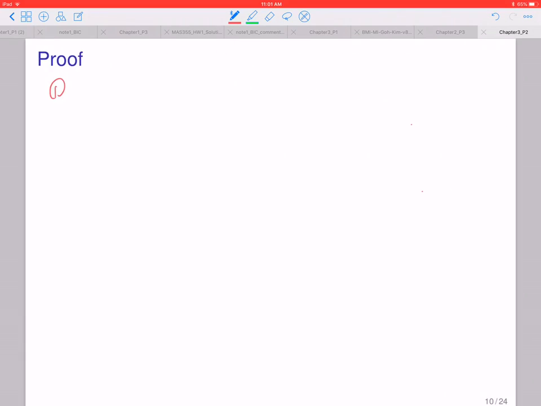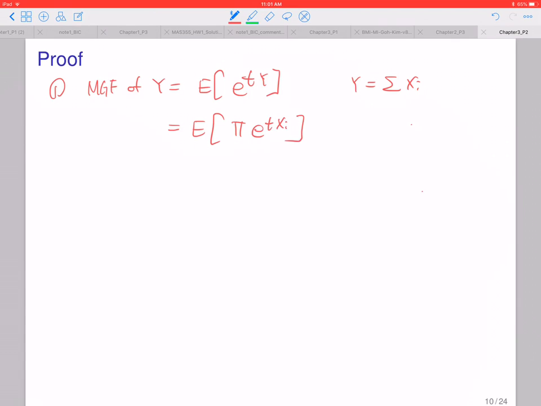So the MGF of Y is E[e^(tY)], and because Y is a summation, it is the product of E[e^(tXi)], and then by independence it is something like this.